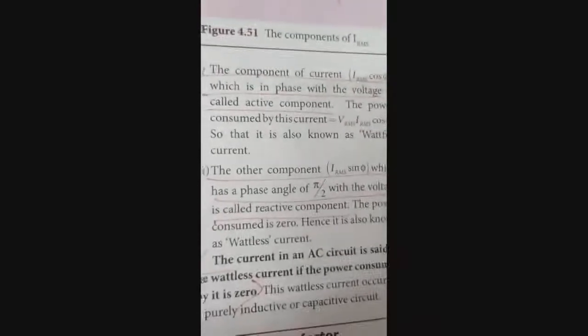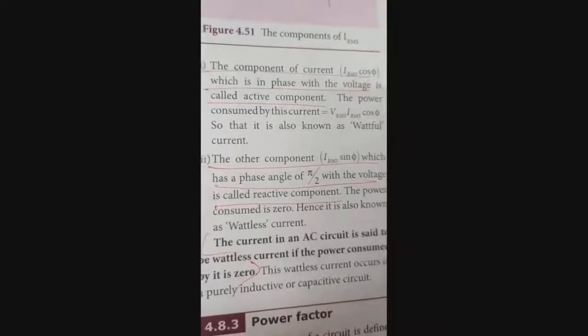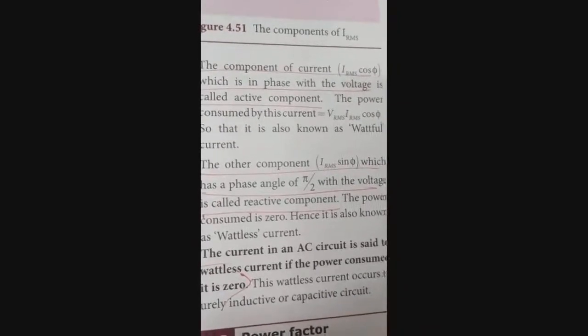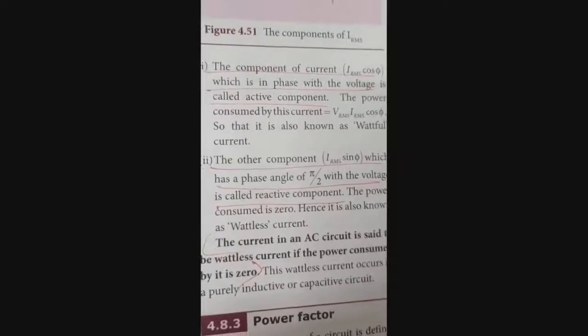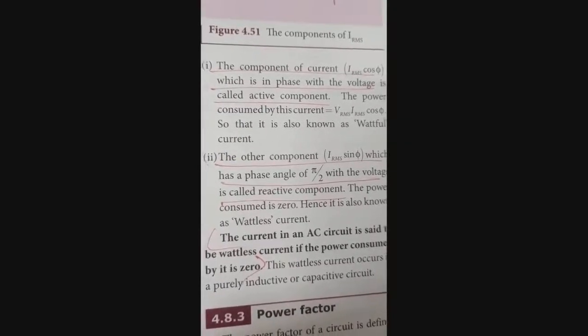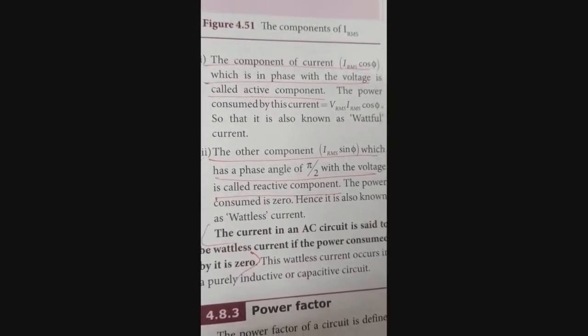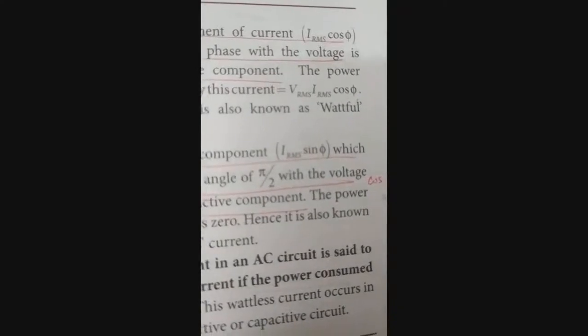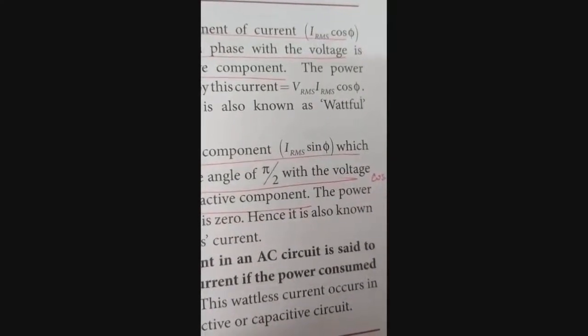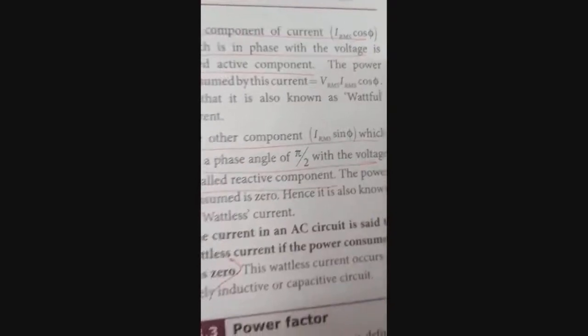You see the 2 cases now. The component of the current Irms cos phi is in phase with the voltage and is called the active component. The power in such a case is wattful current because we have Vrms Irms cos phi. So here this is wattful current.